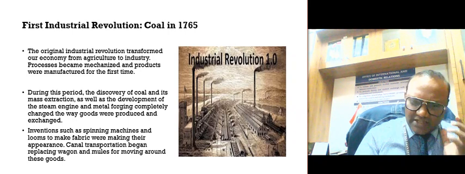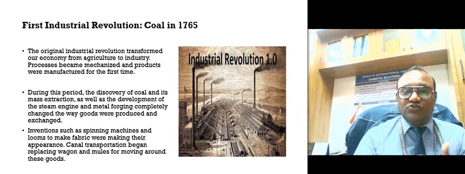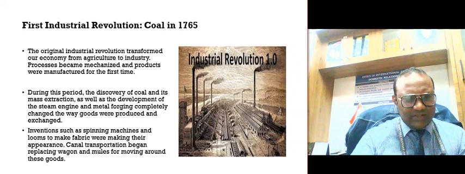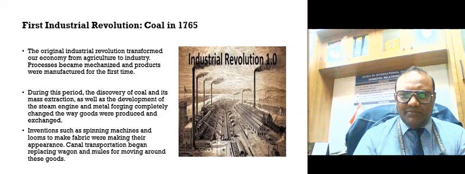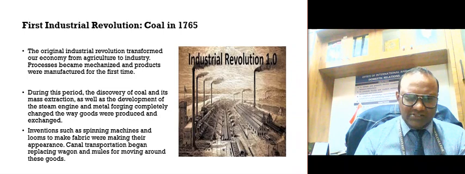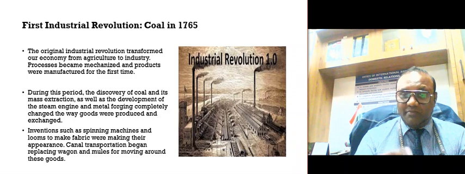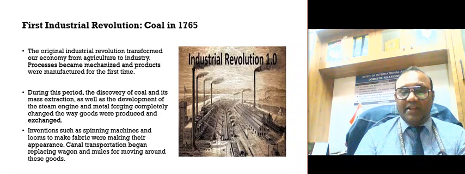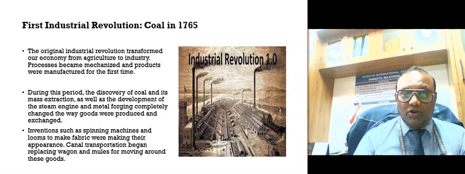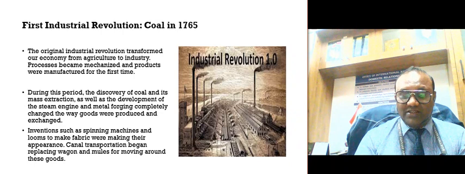So the focus at this particular industrial revolution was to mechanize, to see how with some of those discovered elements we could bring about some changes in the factory system. Coal itself was a very transforming raw material, and with coal, the factory owners found that they could do a lot of wonderful things that could replace the earlier ways.